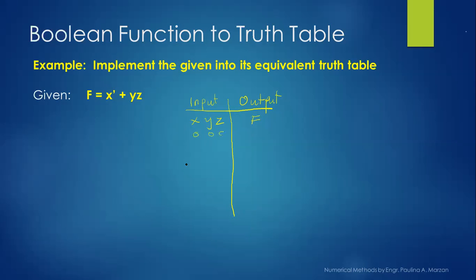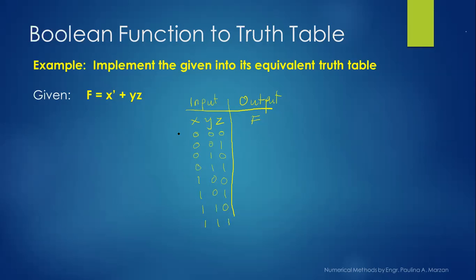It can also be that x is 0, y is 0, and z is 1. Or it can also be that x is 0, y is 1, and z is 0. Taking all of the possible combinations, we have 0, 1, 1, 1, 0, 0, 1, 0, 1, 1, 1, 0, and 1, 1, 1.